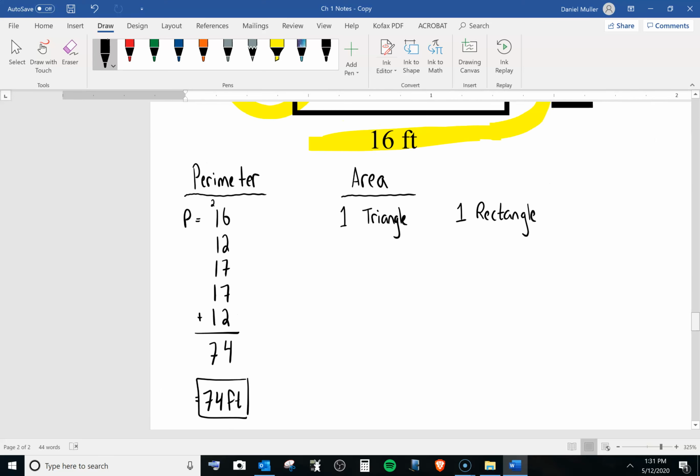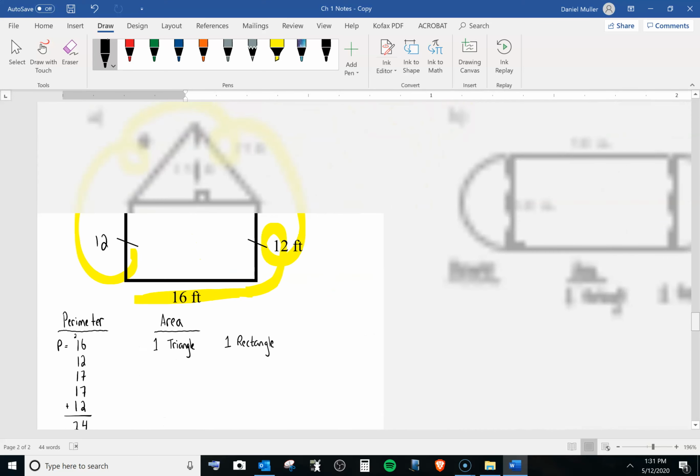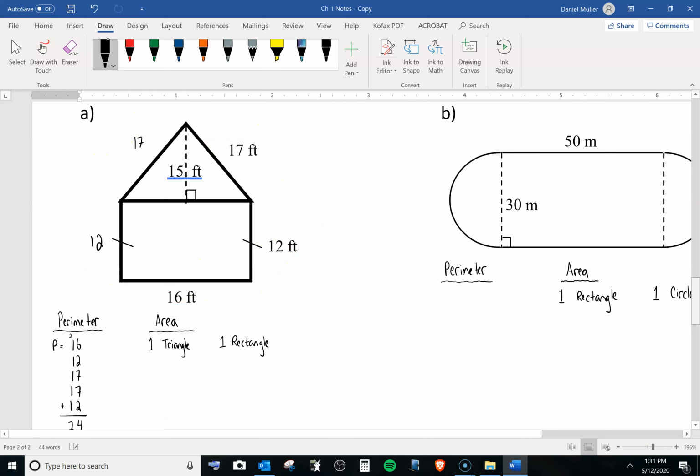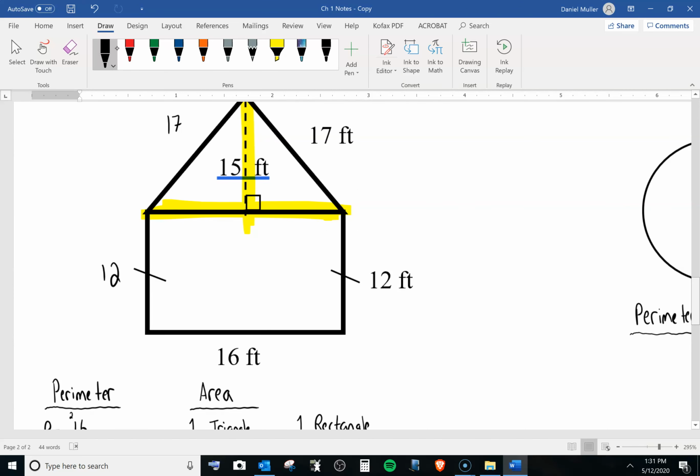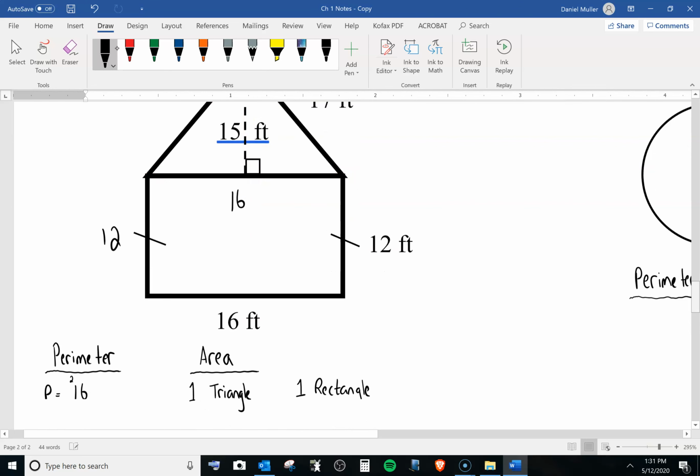Now our area is a little bit more complex. There's a triangle involved there. Now the triangle is going to be base times height, cut in half. So I've got a base here of 16, and then I've got a height of 15. So again, that base is 16 times 15, the height.